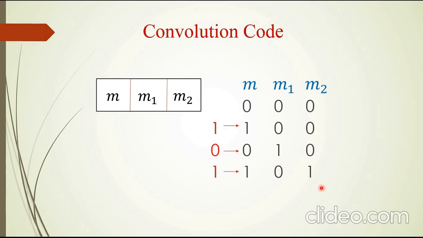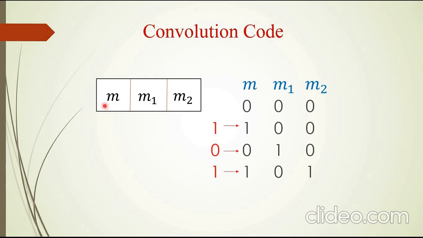So ultimately, as you enter bits here, they get shifted, and the first bit shows the current message bit, and the other 2 bits are the previous message bits we have entered.